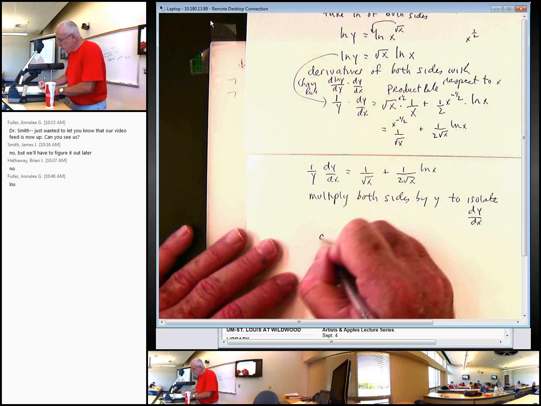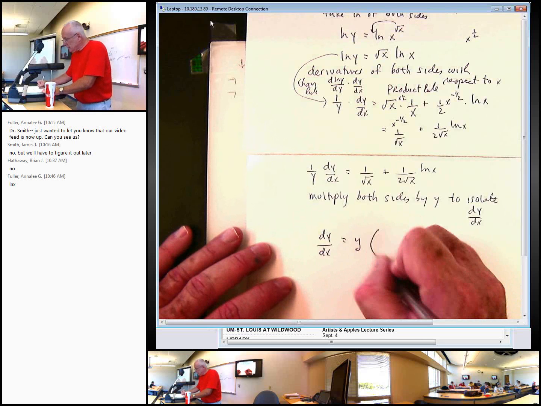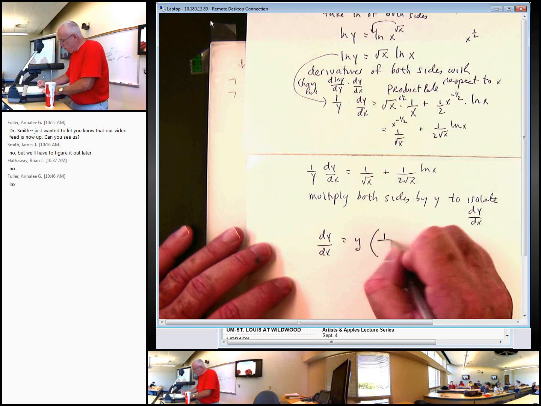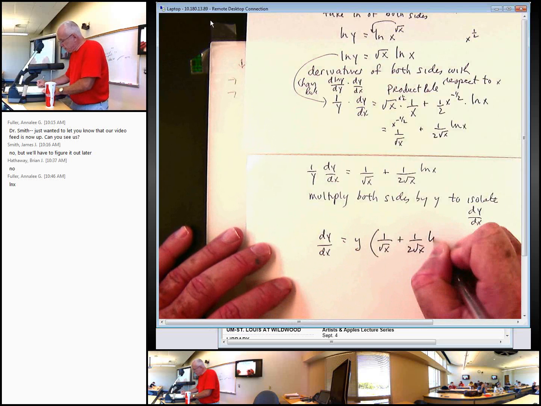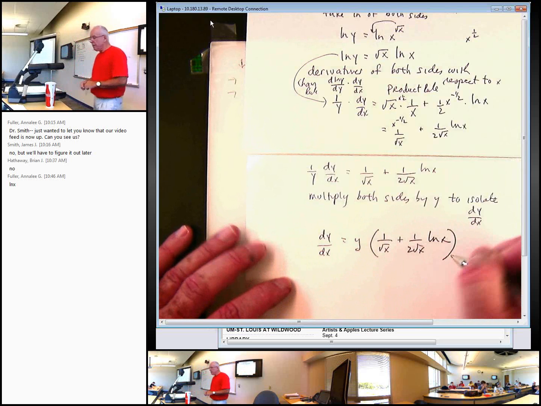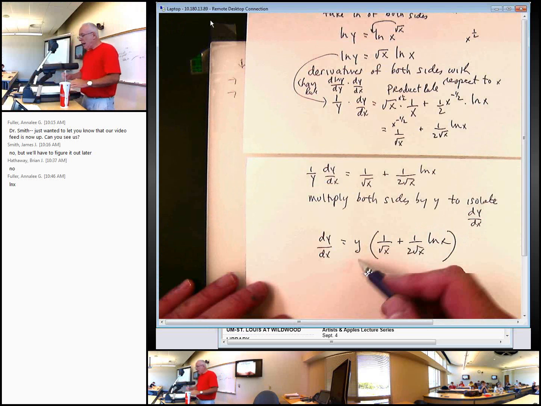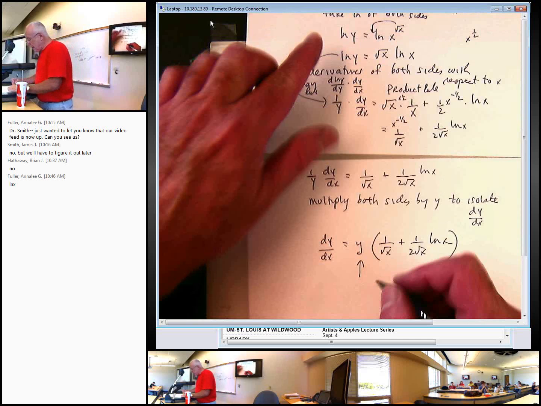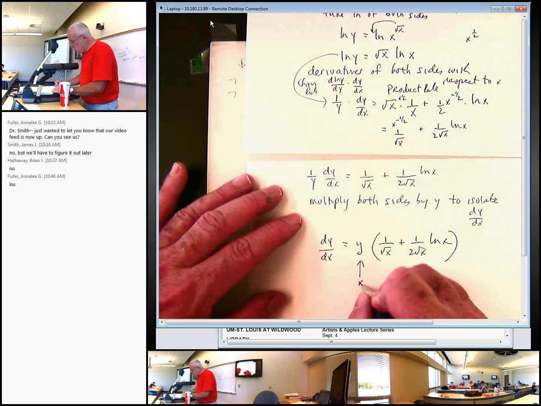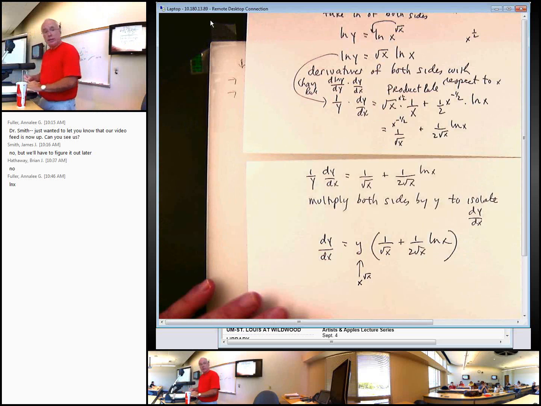So we have dy dx is equal to y times 1 over the square root of x plus 1 over 2 square root of x natural log of x. Okay, we got that. But we want to write the y as it was given initially. Y initially was x to the square root of x power, so let's write our answer using that.